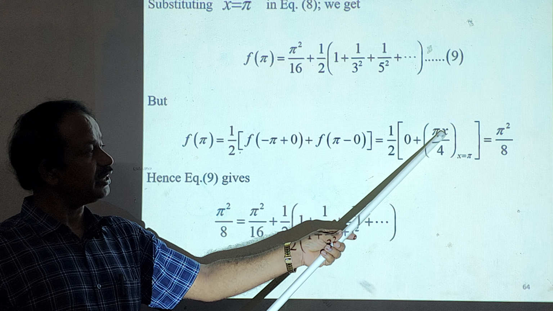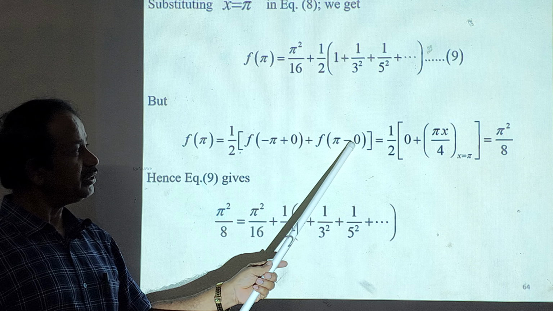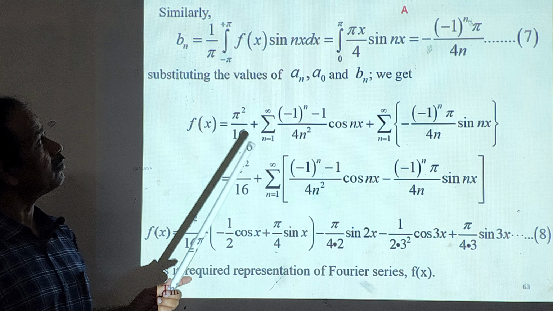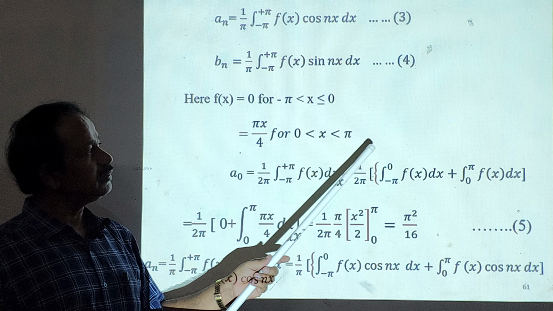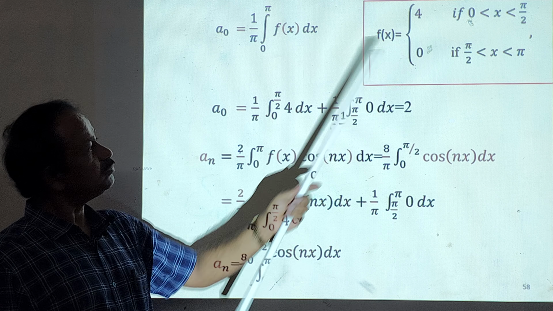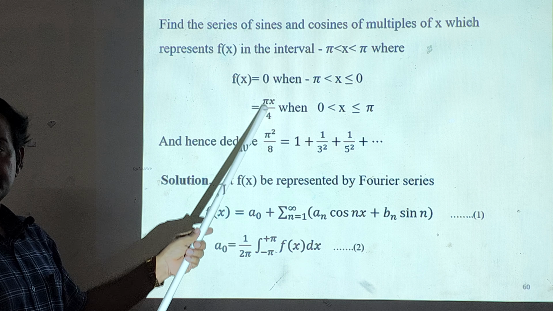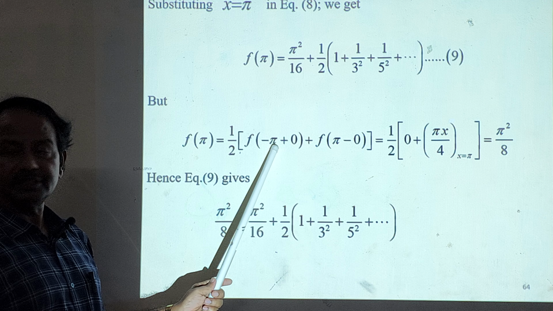So this becomes pi squared. According to the problem, in this limit it is pi x by 4. In this limit, this is 0.